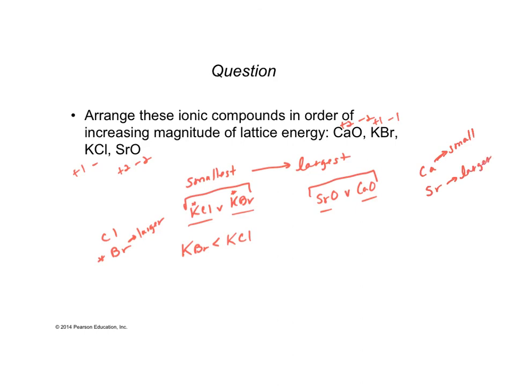Because of that, strontium oxide is going to have a smaller lattice energy. Strontium oxide is going to be less than calcium oxide because the smaller the radius, the smaller the distance between the two, the stronger the lattice energy. Okay, so ideally, this would have been potassium bromide, potassium chloride, strontium oxide, calcium oxide.